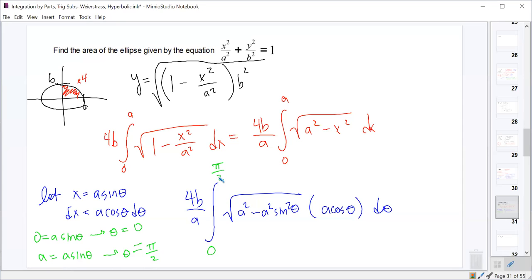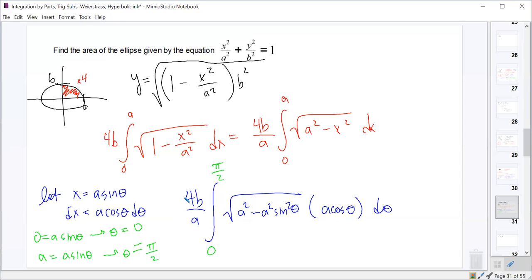Okay, now we're going to need to simplify. So let's see. What can we do? We can take this a, that's a constant, out, right? And pull it out here. That's going to cancel with the a that's in the denominator. And then we can also pull an a out of here, can't we? An a squared times 1 minus sine squared, which comes out of the square root as an a.